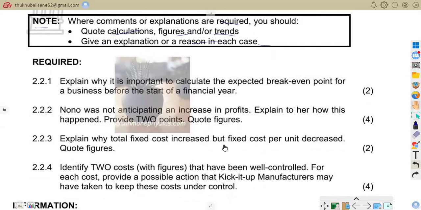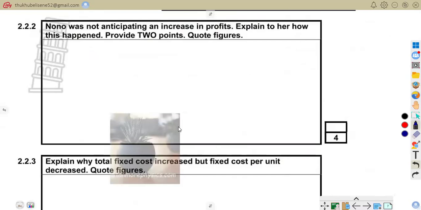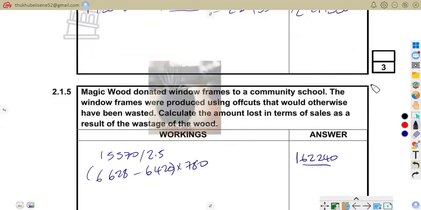So that is 2.2. Under required, 2.2.1: explain why it is important to calculate the expected break-even point for a business before the start of the financial year. That is what we are to answer now. So we can go to our answer book and answer 2.2.1.